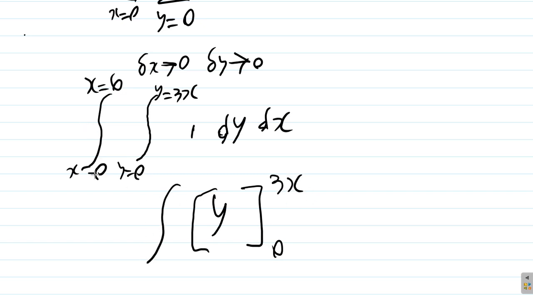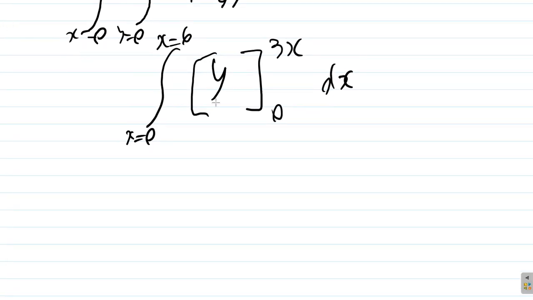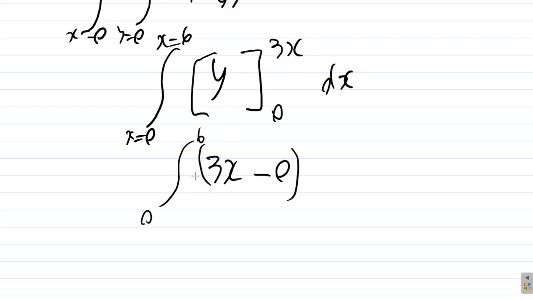And you put back this same integral here, because you haven't done that one yet, from x equals 0 to x equals 6 dx. Alright, so what's going to happen here now? y becomes 3x, minus y becomes 0. You integrate from x equals 0 to x equals 6 dx.